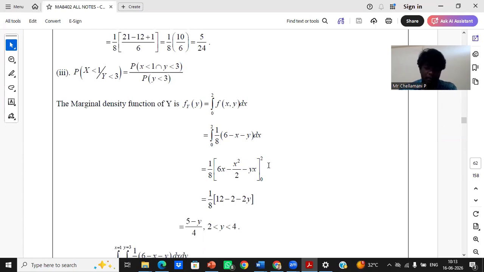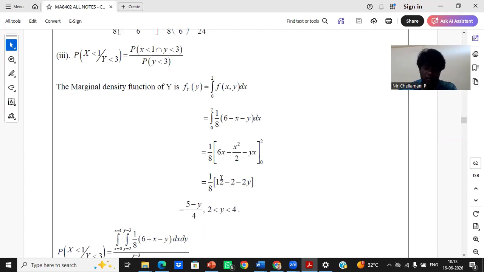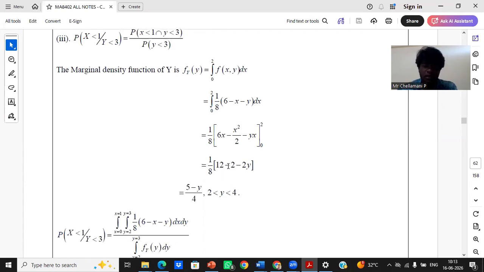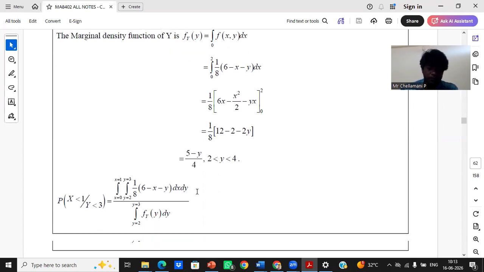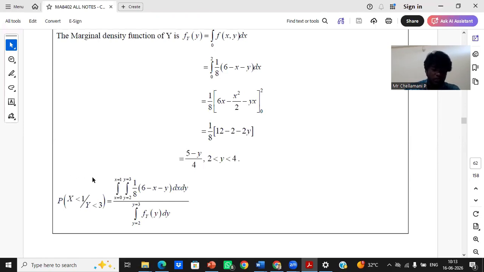So substituting upper limit, lower limit values 2 and 0, the value is 12 minus 2 minus y. So simplify this, we will get 5 minus y by 2. Sorry, 4.